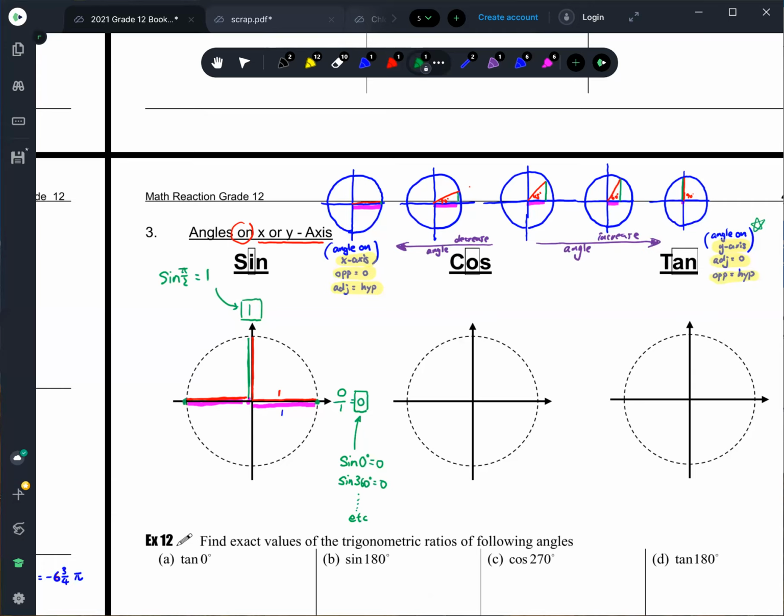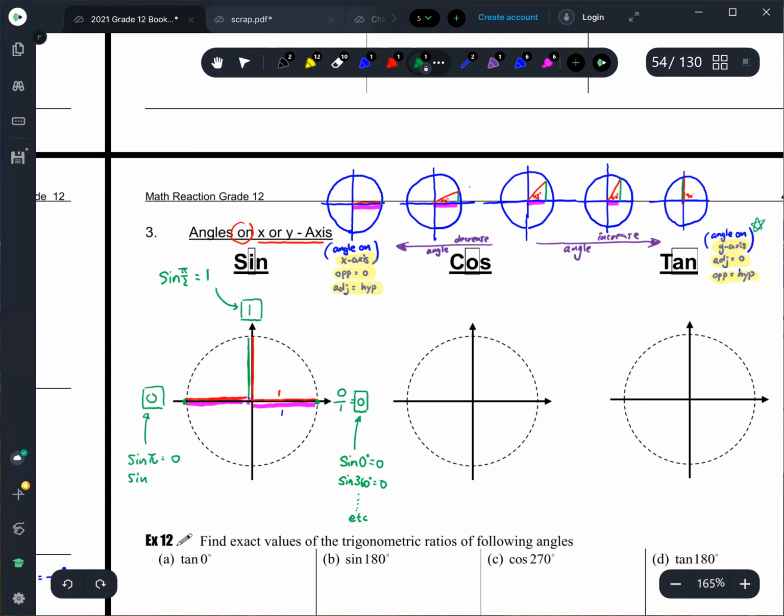So opposite over hypotenuse, opposite 0. So 0 divided by any number will be 0. So what this number means again is, if you have sine of pi, it'll be 0. Sine of negative pi will also be 0, right? Whenever it stops on the left side, it will be 0.